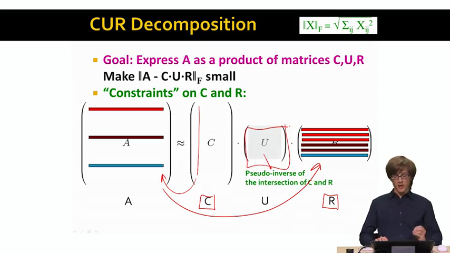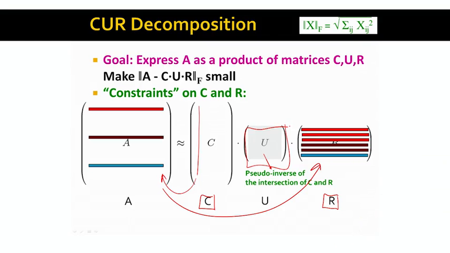So the way we will compute the matrix U is that we will compute what is called the pseudo-inverse of the intersections of C and R. I will explain this in more detail, but that's basically the high-level idea. Why is this a good idea? Because selecting rows and columns to fit them into C and R will be something that we can do very fast. And this means that the whole computation will be very quick and very easy to do.